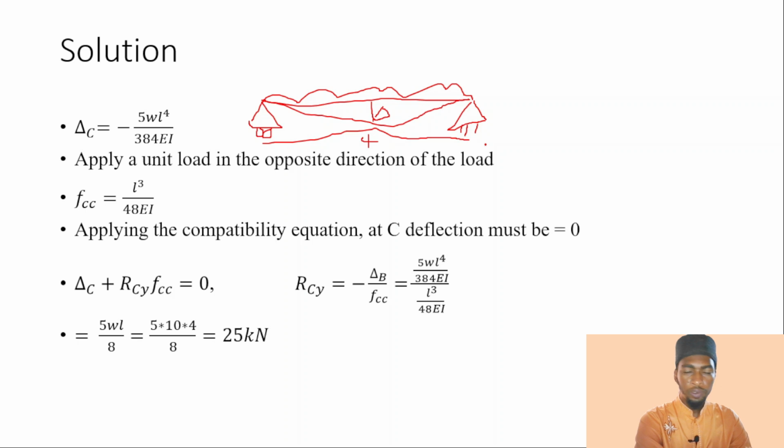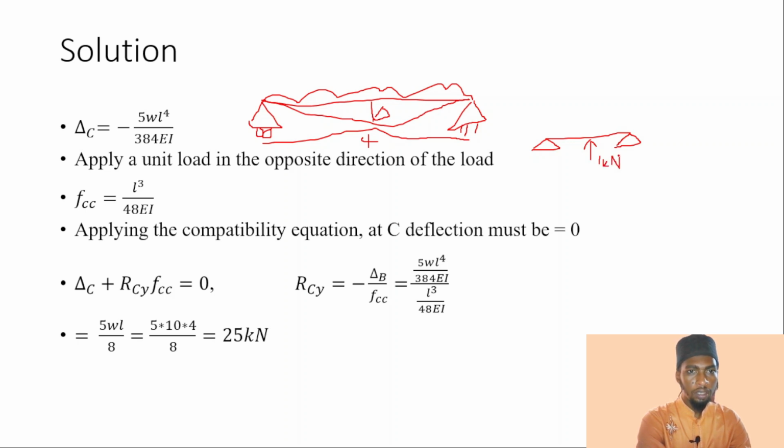Since you have your delta C, you can remove the external load and replace your redundant member with a unit load, something like this. So we have a unit load here, 1 kilonewton.